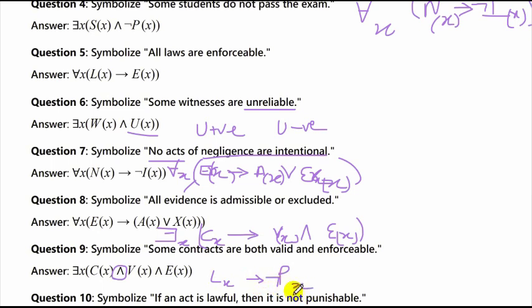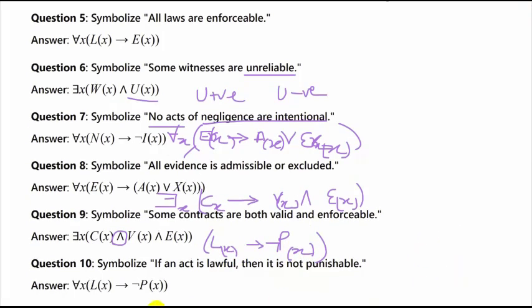So we have to use the negation symbol. So why have they used the universal quantifier? For all x. Okay, this is to be understood here, this one as well.